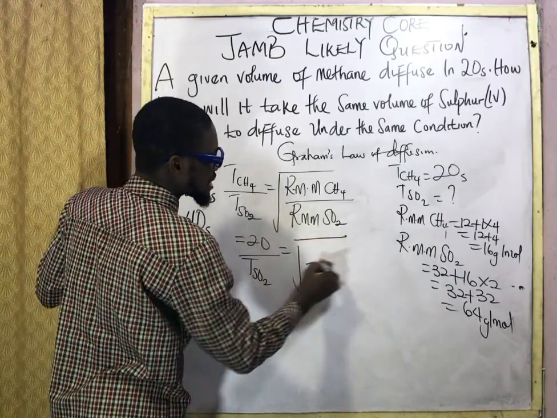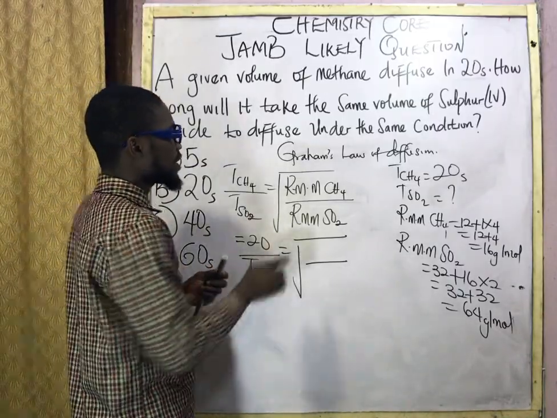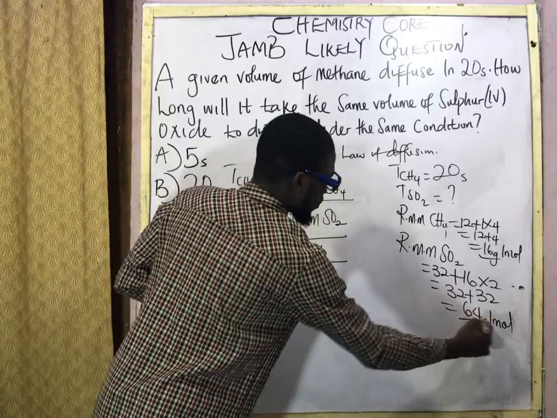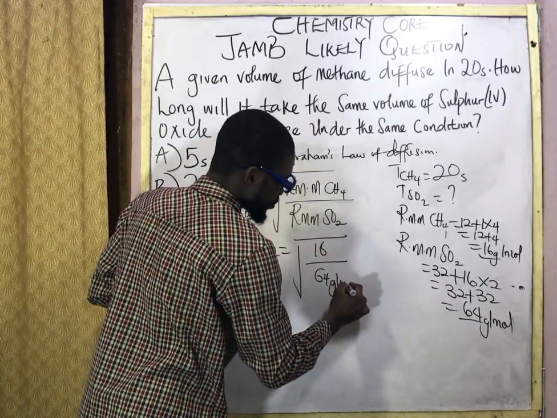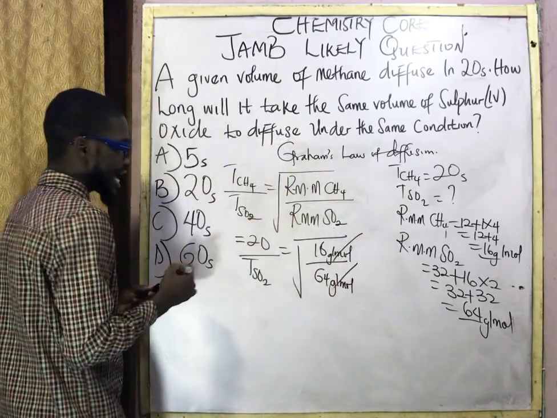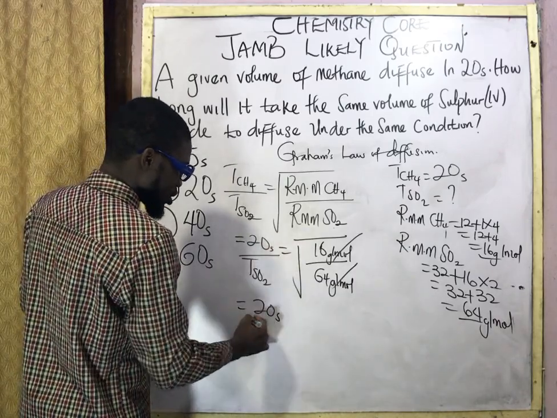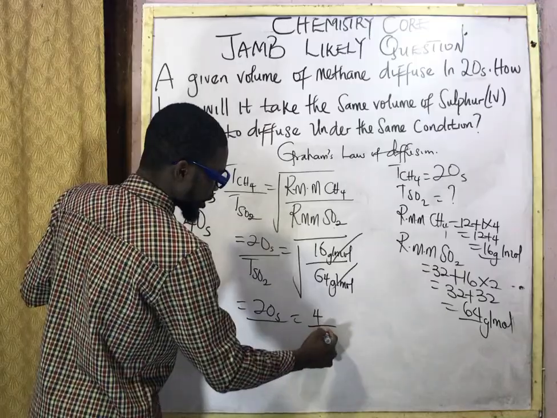So guys, what is the relative molecular mass of the two compounds respectively? For this, we have 16. For this, we have 64 gram per mole. So guys, what is the square root of 16? We have 4. The square root of 64 is 8.